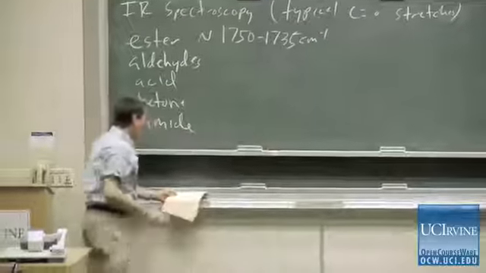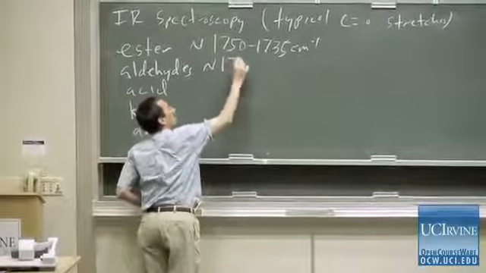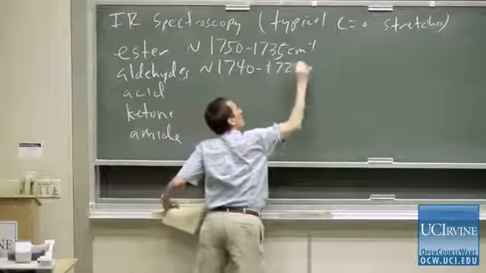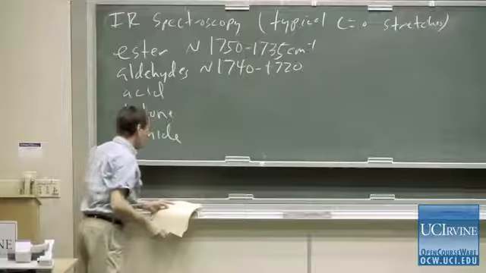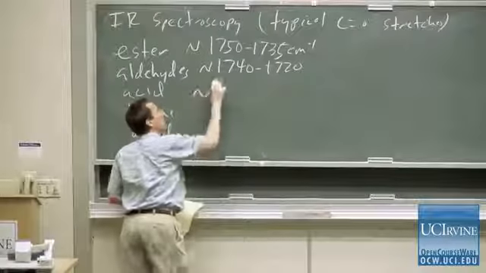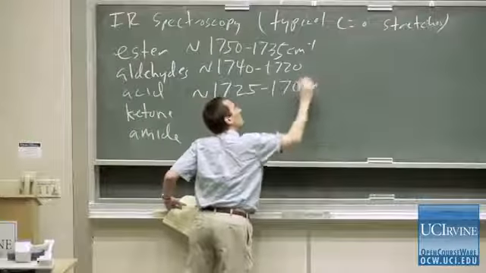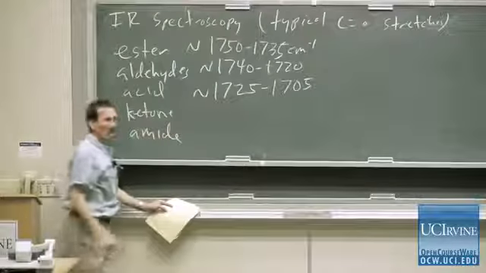A typical aldehyde is about 1740 to 1720 wave numbers. A typical carboxylic acid is about 1725 to 1705 wave numbers.